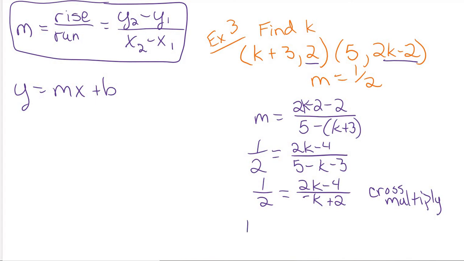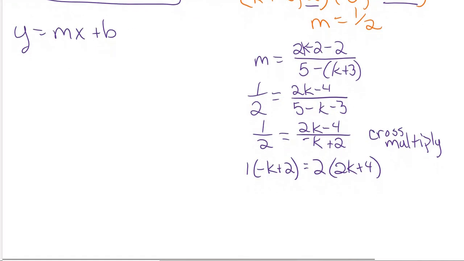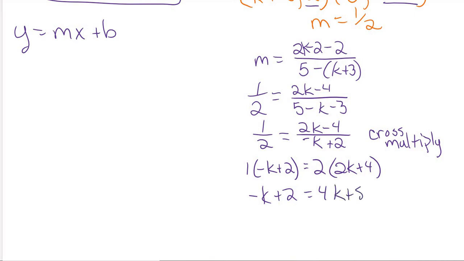So I'm going to do 1 times negative k plus 2 and equals 2 times 2k minus 4. From here, it's a simple equation. I distribute, and I'm going to solve for k.